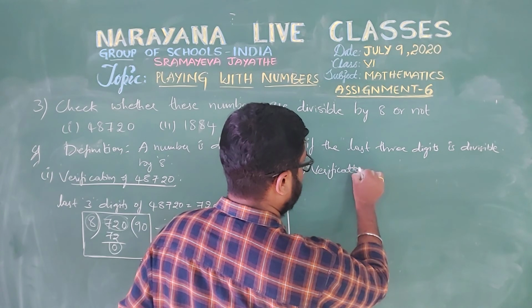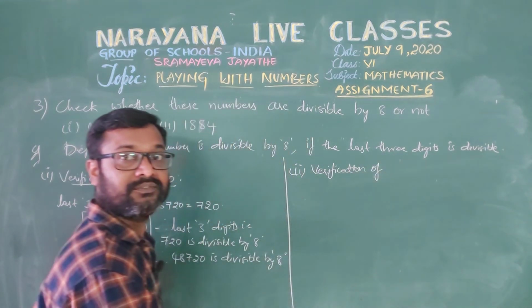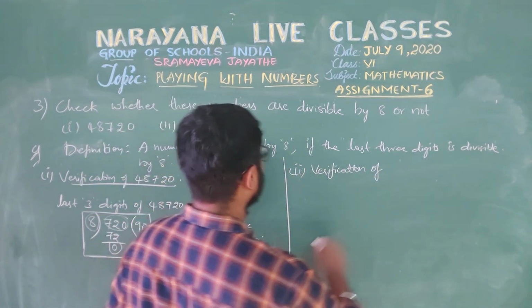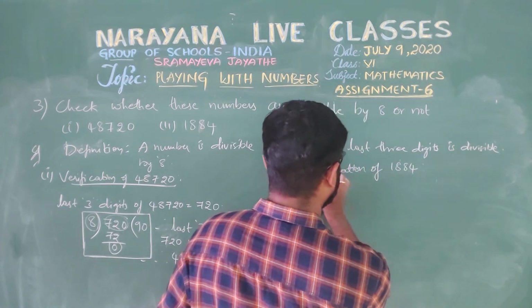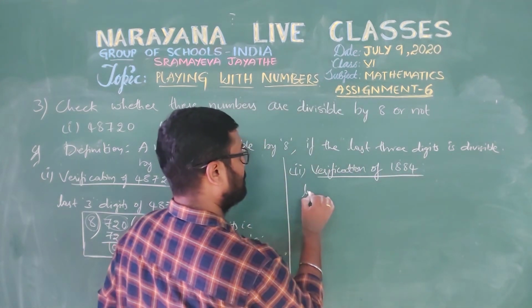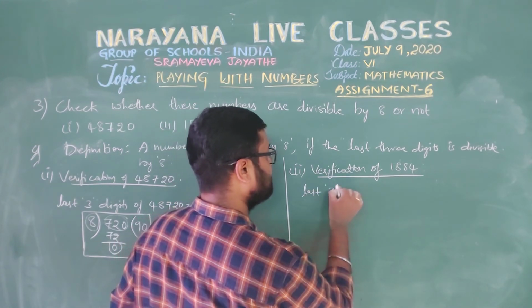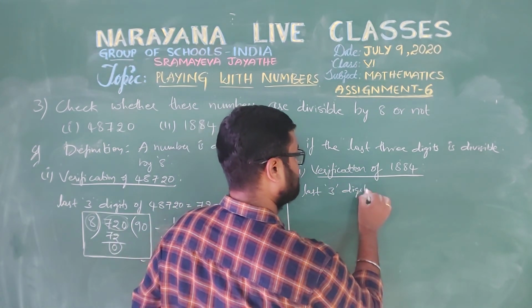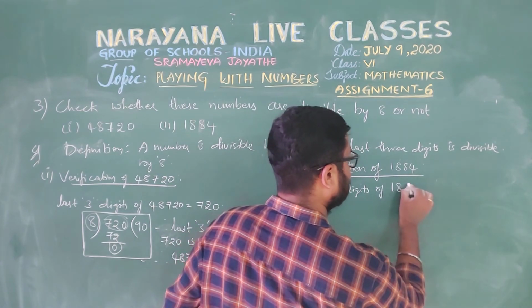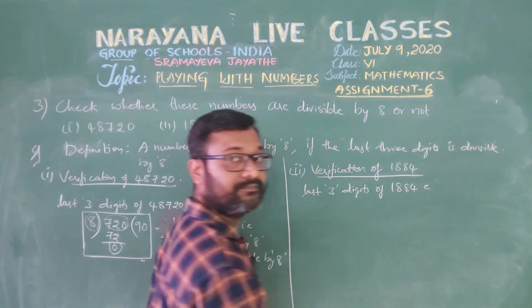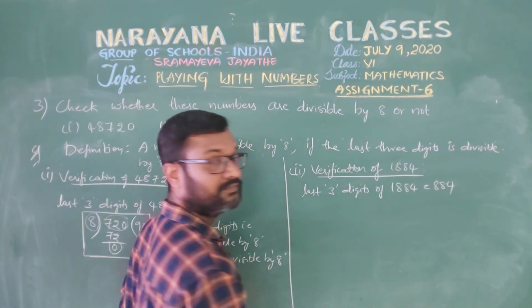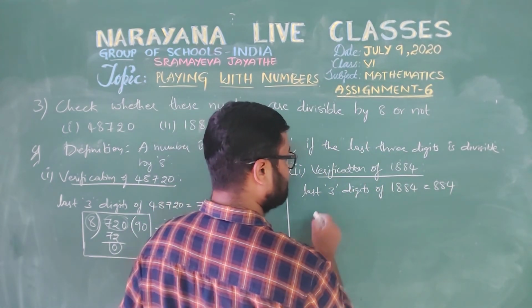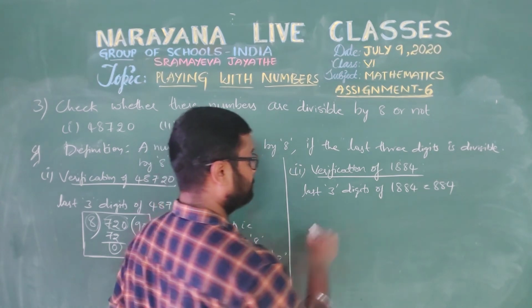Verification of 1884. So the last three digits of 1884 are what? 884. So let's check whether that is divisible by 8 or not.